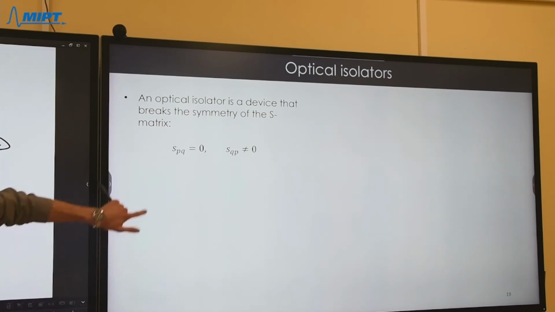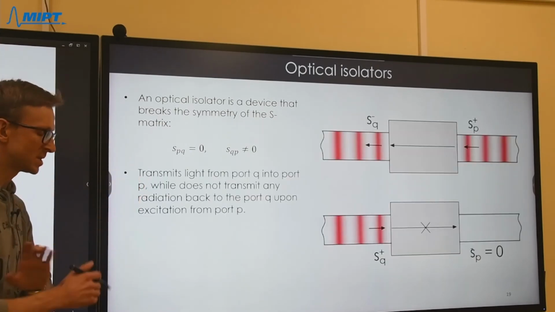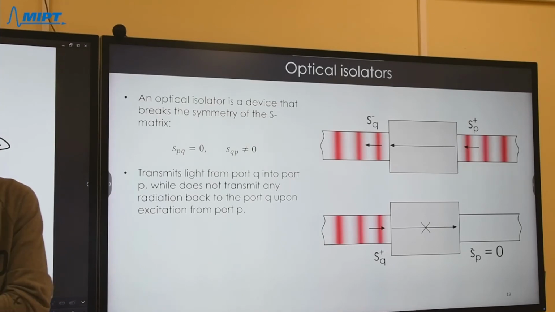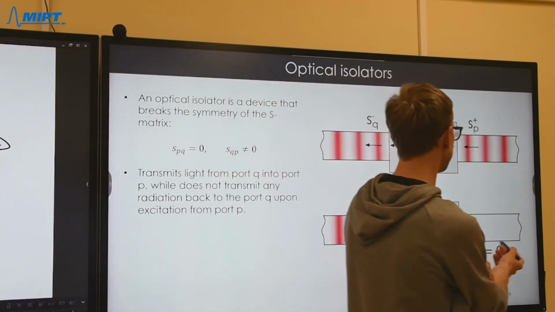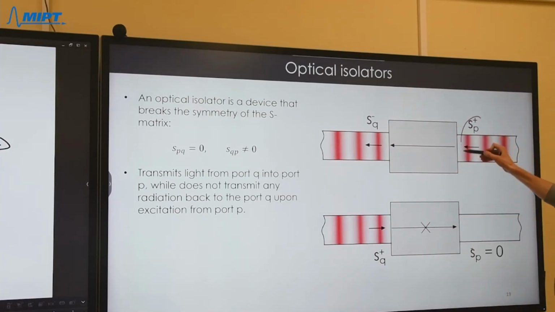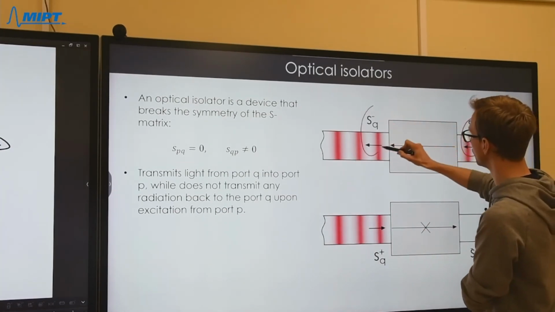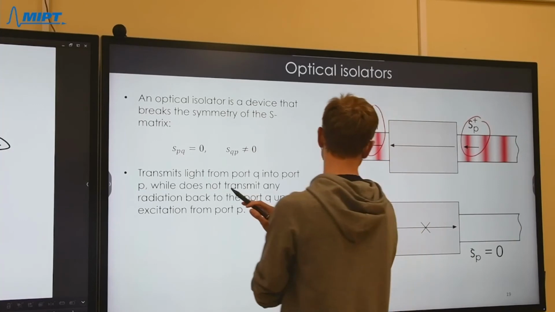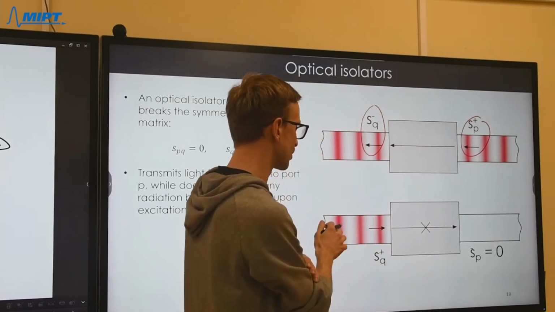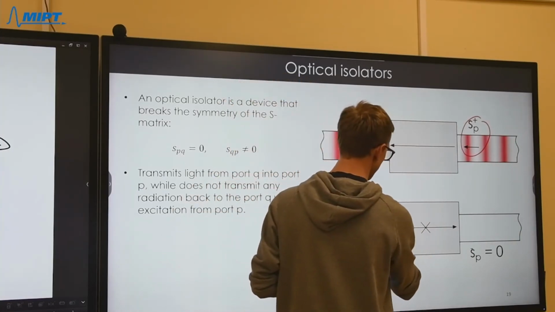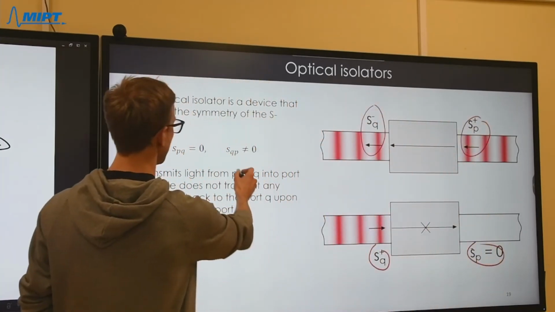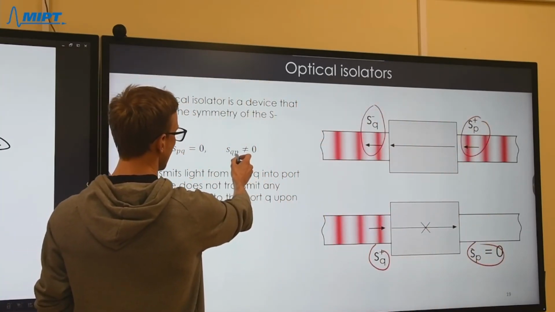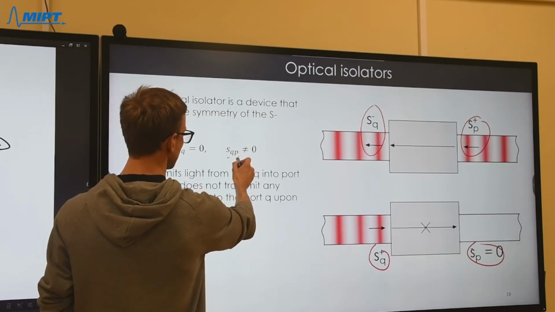An optical isolator is a system that is capable of transmitting electromagnetic energy from port P into port Q, but is not capable of transmitting energy in the opposite direction, from port Q to port P. So in other words, it has S from P to Q.